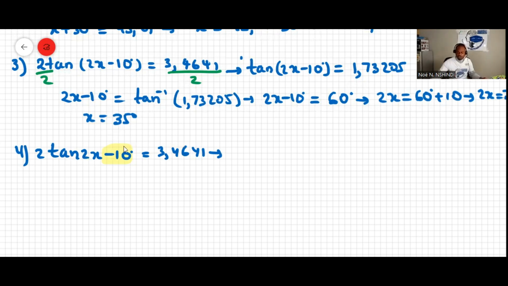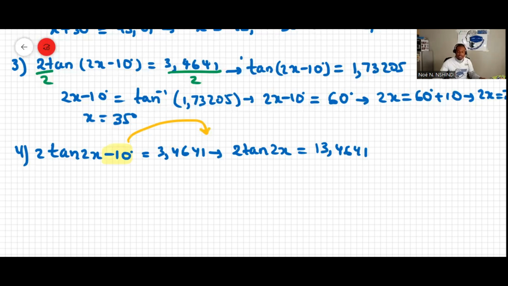Now we're first going to get rid of this negative 10 by moving it over, and then this will become 2 tan of 2x equal to, if I move negative 10 there, it becomes positive, 13.4641.